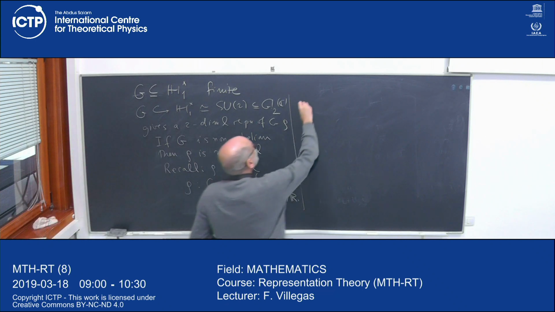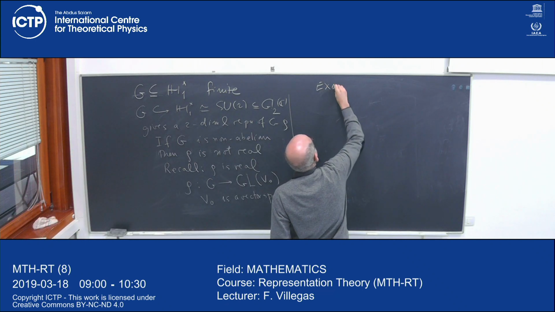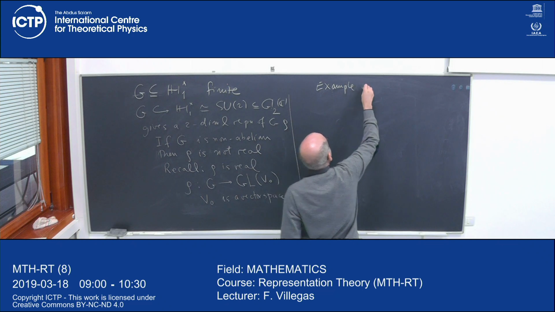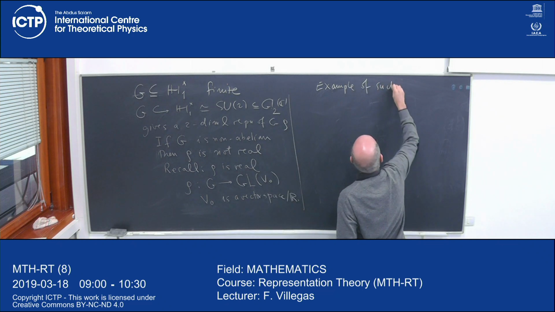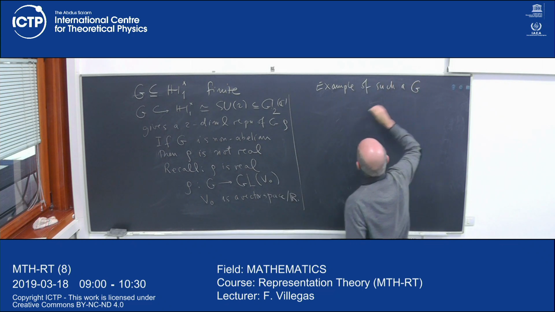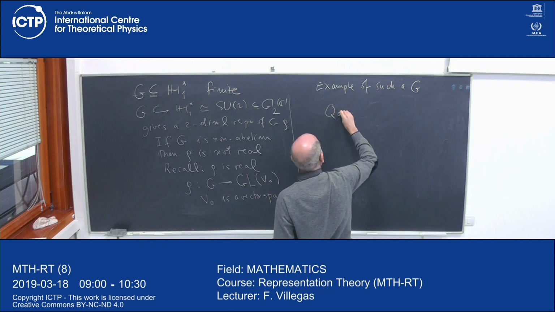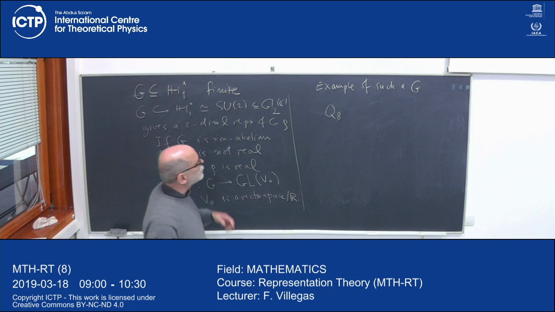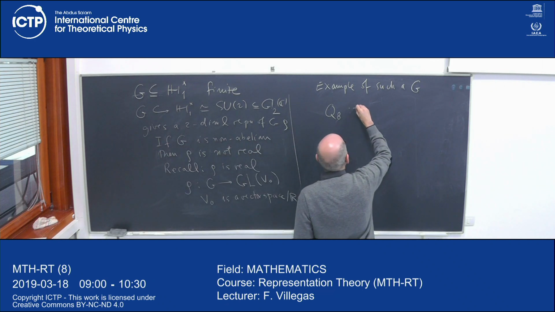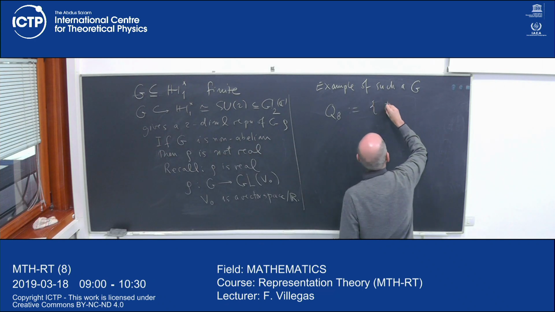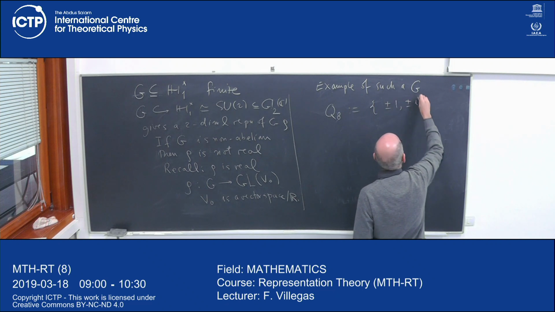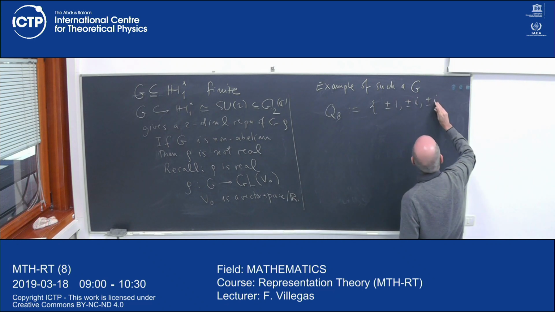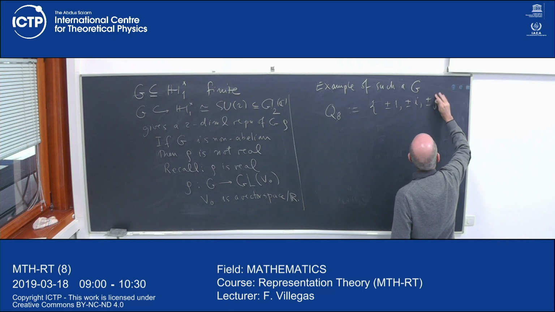An example of such a G is the quaternion group. Normally you write it as Q8. It's simply the group consisting of plus or minus the basis vectors.